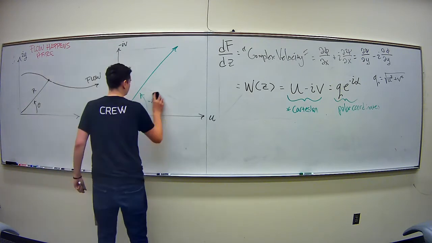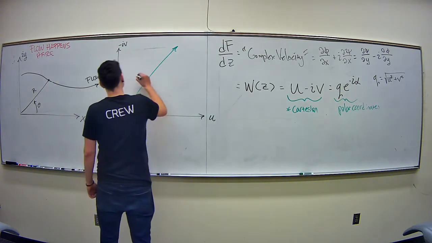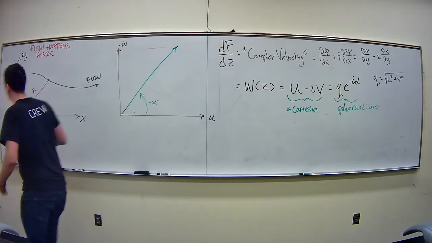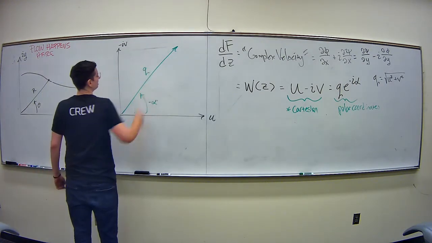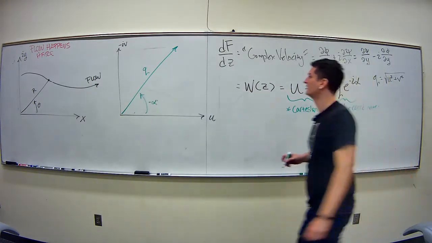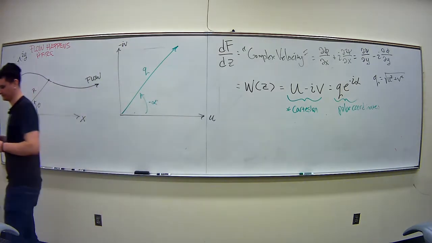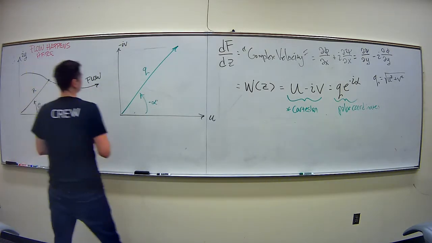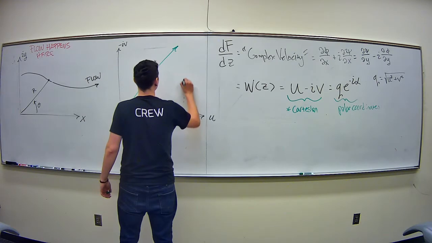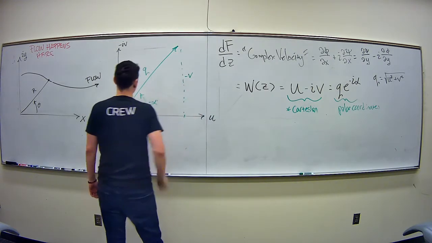Just negative alpha. Okay, here's my negative alpha now, and here would be my q. Yes, the q, obviously. Here's this q, the q being just the new radius I have. Here's this point right there. So this being negative v. That's my u.